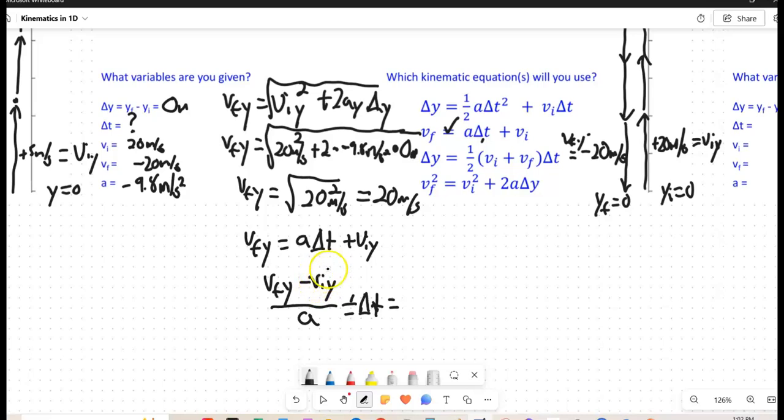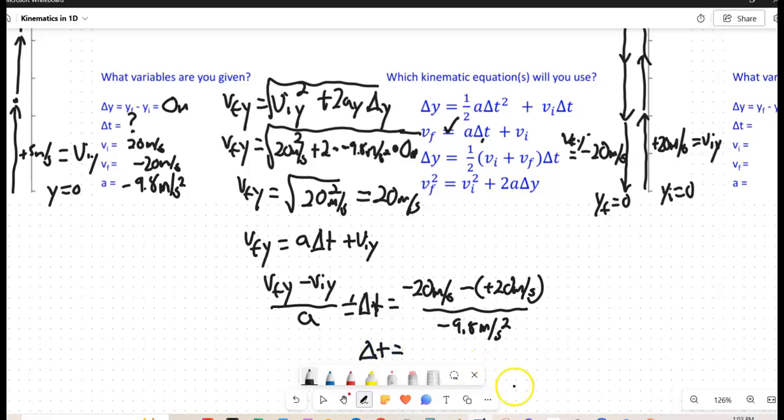So the final velocity in the y direction is going to be negative 20 meters per second minus the initial velocity, which is a positive 20 meters per second, divided by negative 9.8 meters per second squared. Basically, we have two 20s in there because it's for the time it takes to be launched up and the time it takes to fall back down. So that's the reason why you have two 20s in there conceptually.